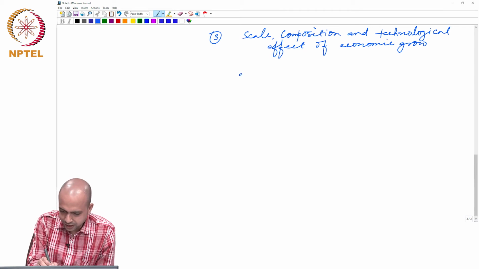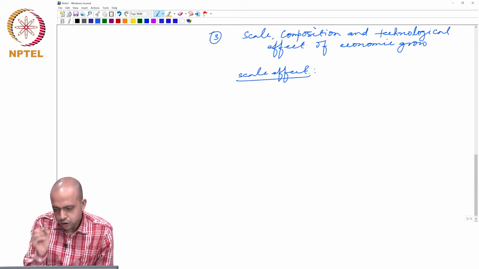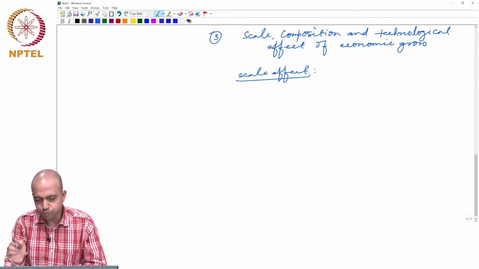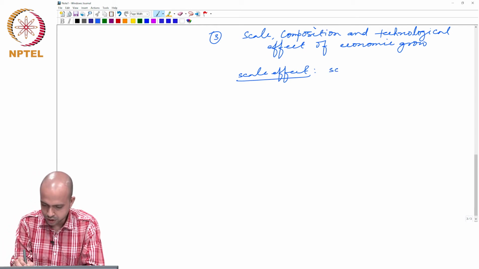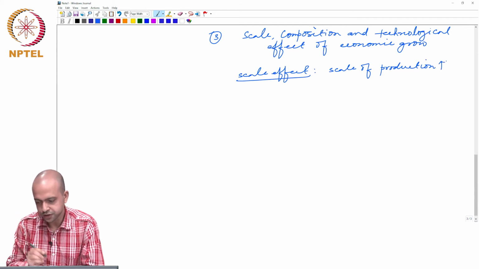Now, what is the scale effect? The scale effect says when the economy grows, scale of production increases.